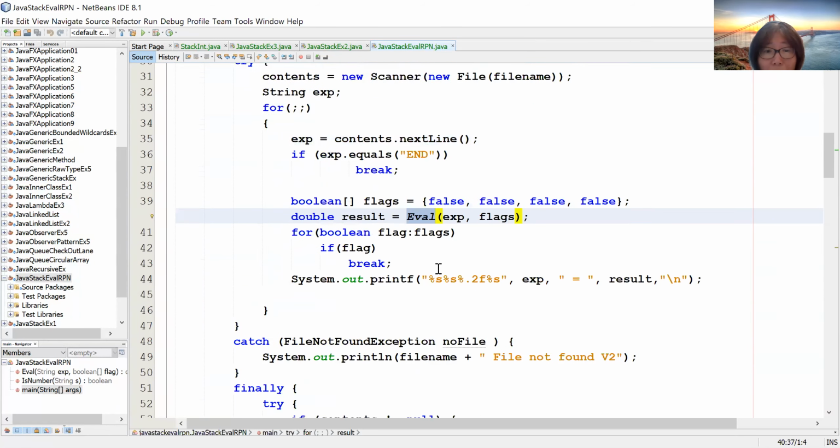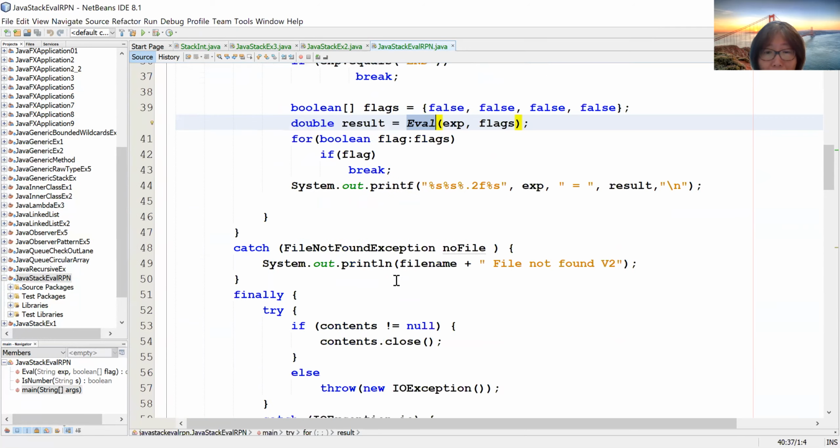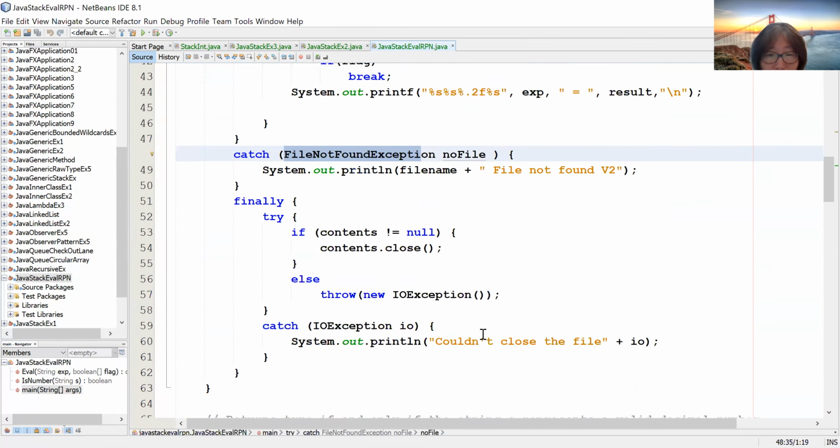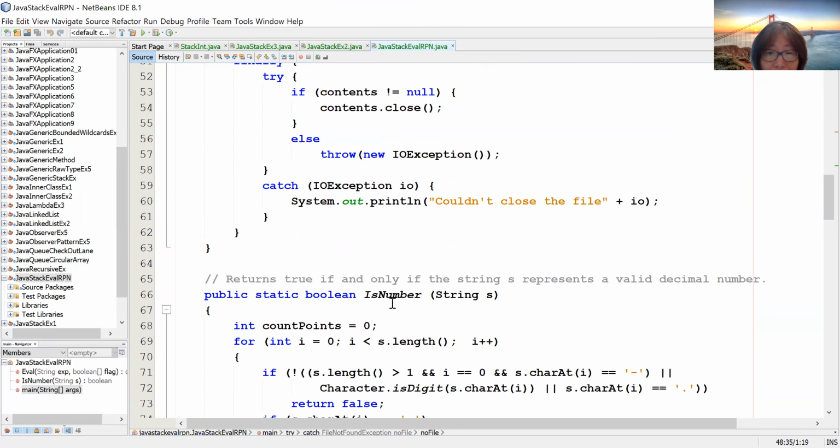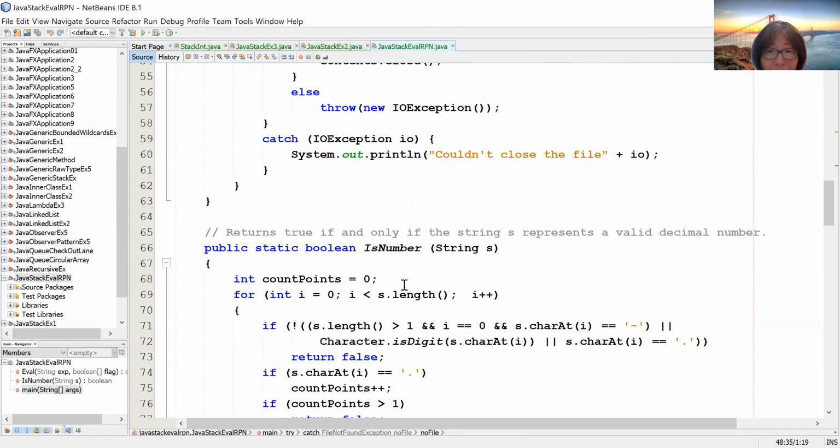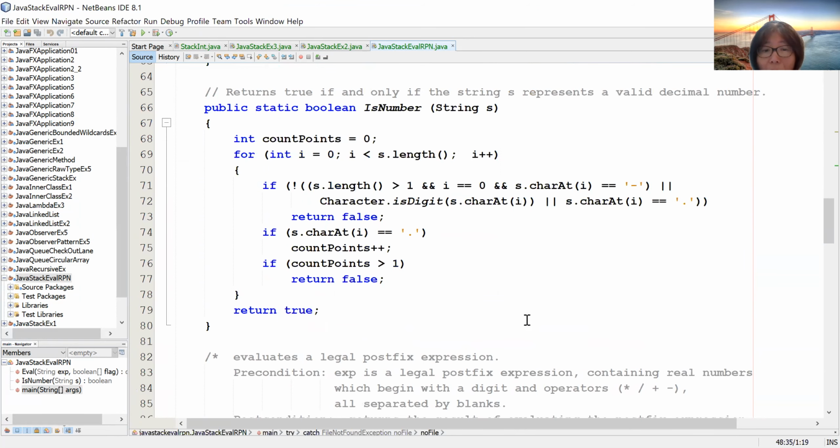And over here, we also have quite a number of try-catch blocks. That's because of the file handling, okay? We already learned file handling exceptions, so you can review that also. For our postfix expression evaluation, you remember each time when we do the algorithm, we need to find out if the string literal is a number or an operator.